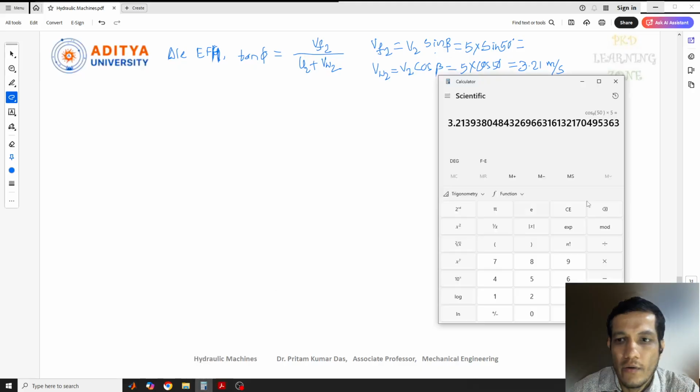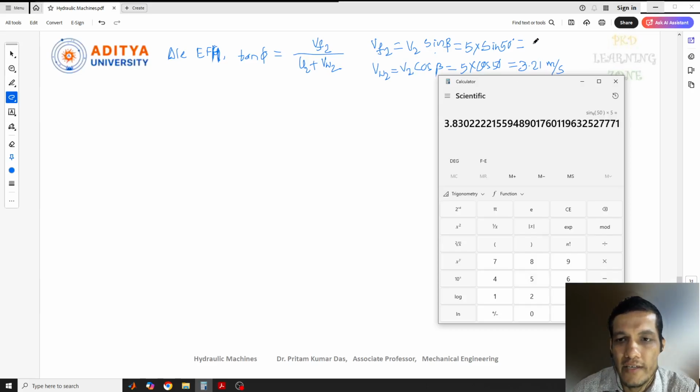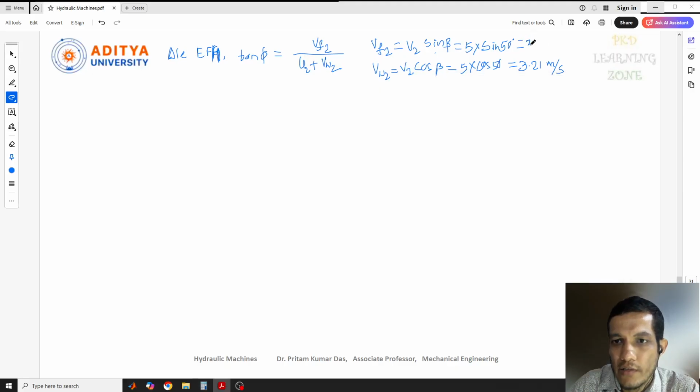Similarly, we can again calculate this. This is 50 degree angle, and sine 50 into 5. So 3.83. So both are nearly the same velocity, 3.83 meter per second. Now just put the value in this equation.